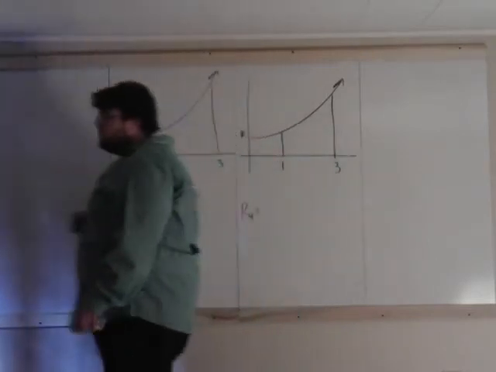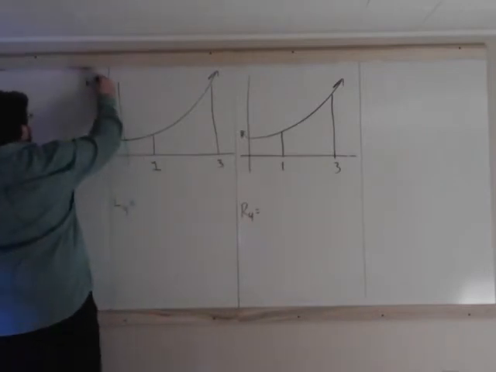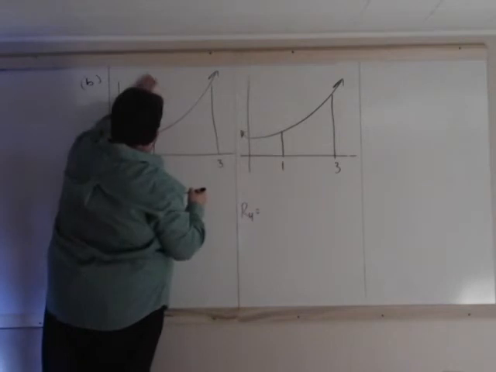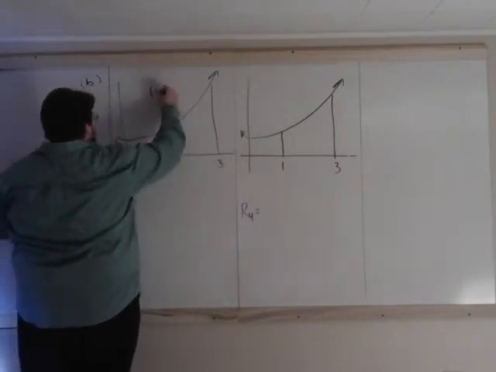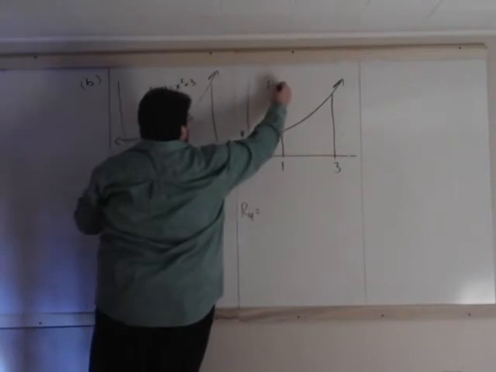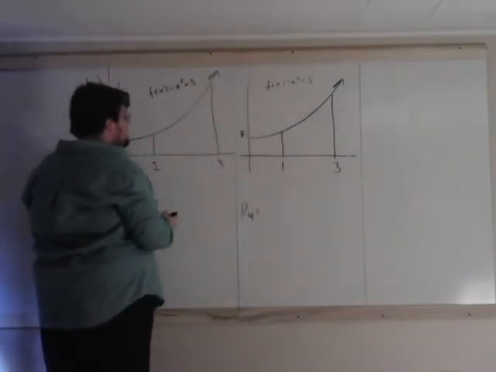So here, we're going to divide the interval into 4 pieces for part B. And this is still, I'm going to call it f of x this time. So we're going to divide it into 4 pieces now.